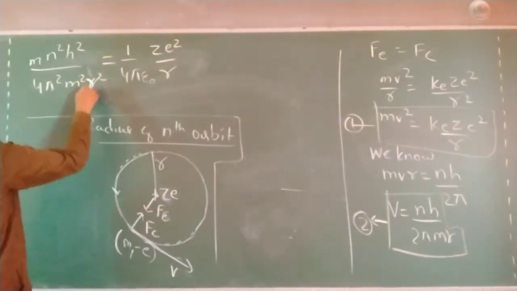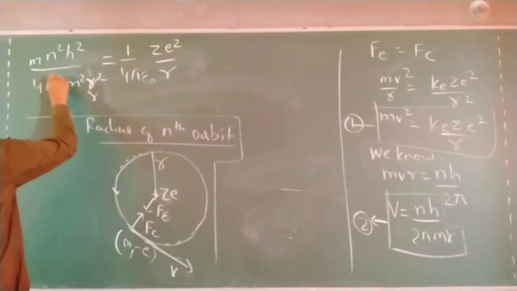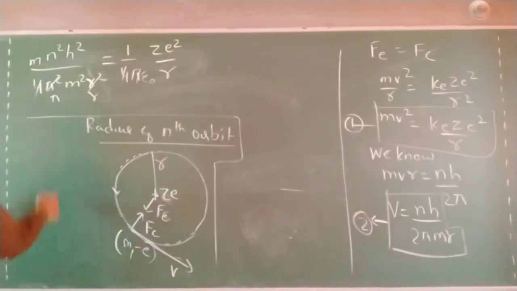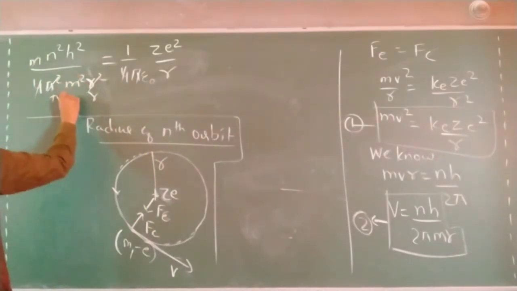Here one r is getting cancelled, one r is remaining. Pi is getting cancelled, and 4 is getting cancelled. One m is getting cancelled, one m is remaining.